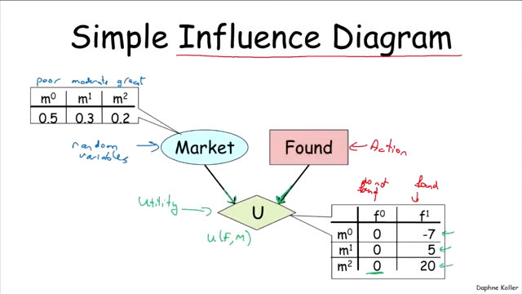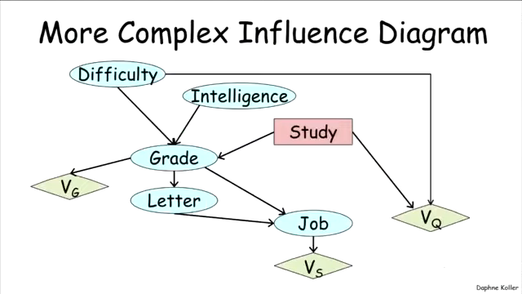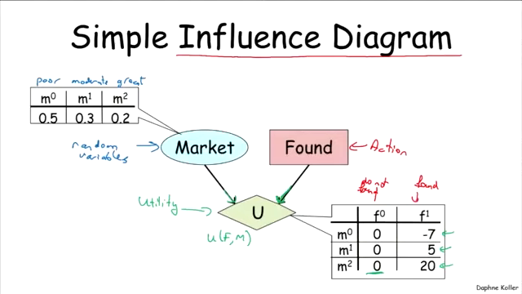Okay? So now we can go ahead and compute expected utility for the two action choices. So in this case, the expected utility of F0 is 0.